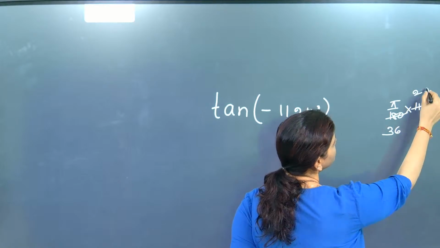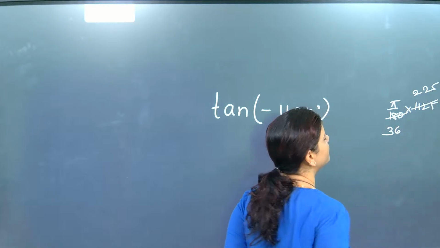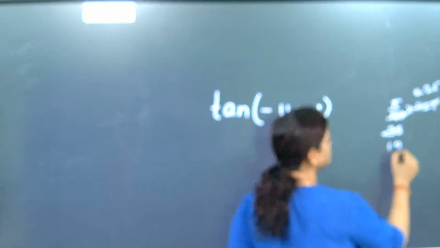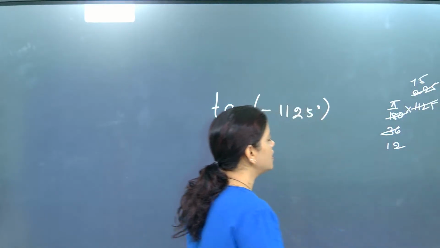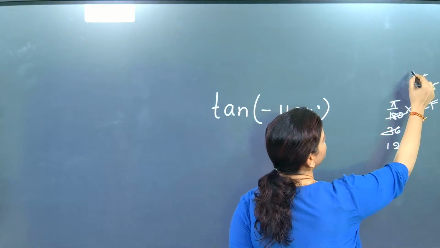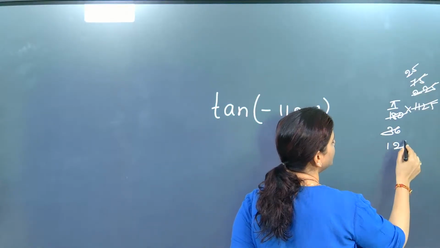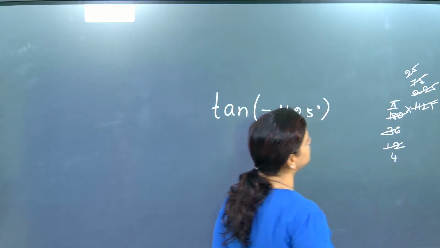Here again 1 2 is coming, 5 2s are 10, 5 5s are 25. Again it cancels, 3 1s are 3, 3 2s are 6. Now 3 7s are 21, 30, 75. Again it is divisible by 3, 3 2s are 6, 3 5s are 15, and here 3 4s are 12. Now this is the last shot.